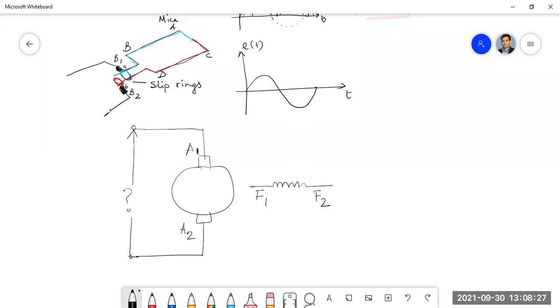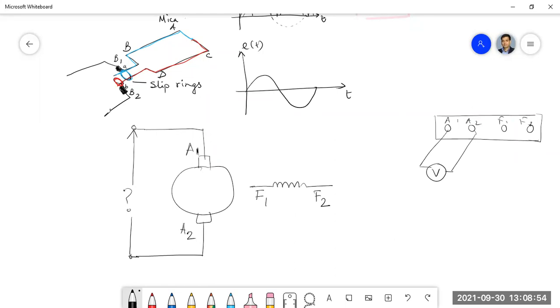Suppose we have 4 terminals, A1, A2, F1, F2. Across A1, A2, I have connected a voltmeter, and I want to see whether the voltage is getting generated or not.